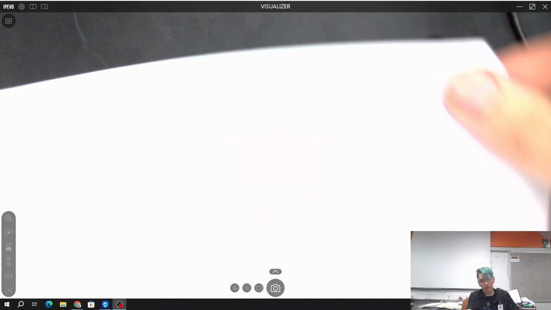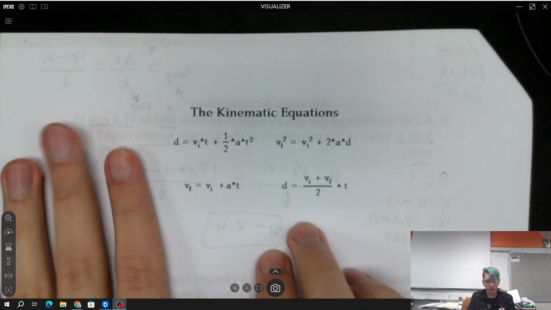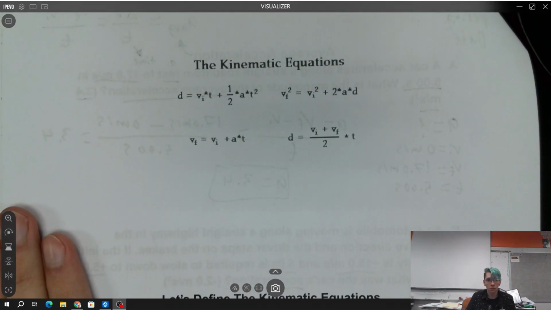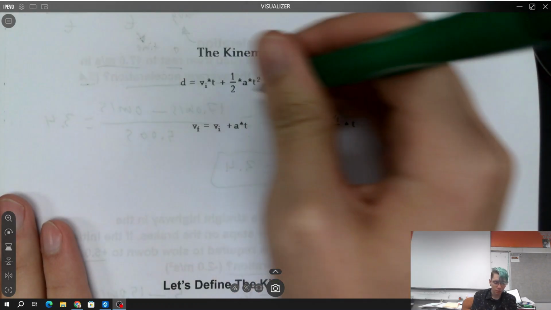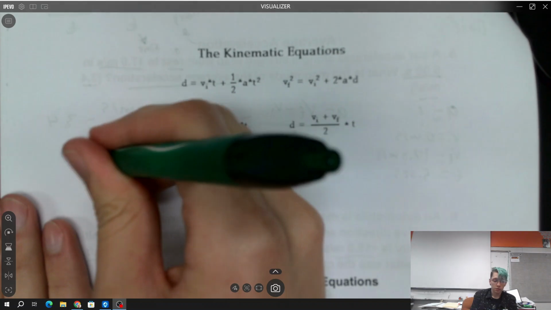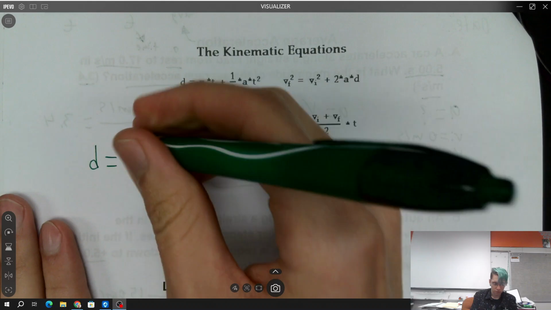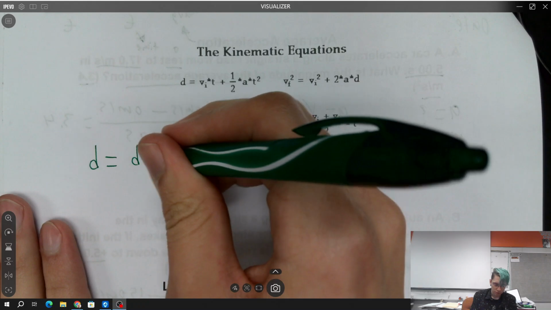So we have to break down our kinematic equations. These are in our notes already, or you already have access to them, but let's break it down anyway. First big thing, let's break down each of these variables. Our D may also be seen as X. This is our displacement in meters.